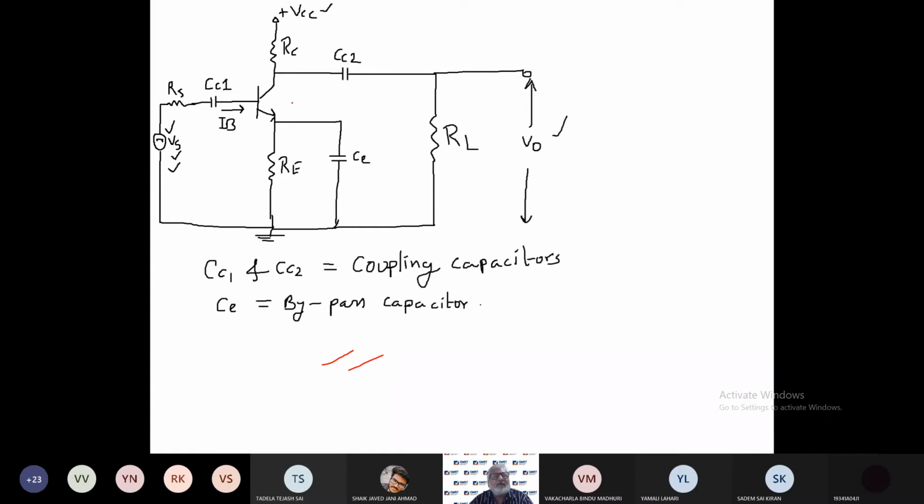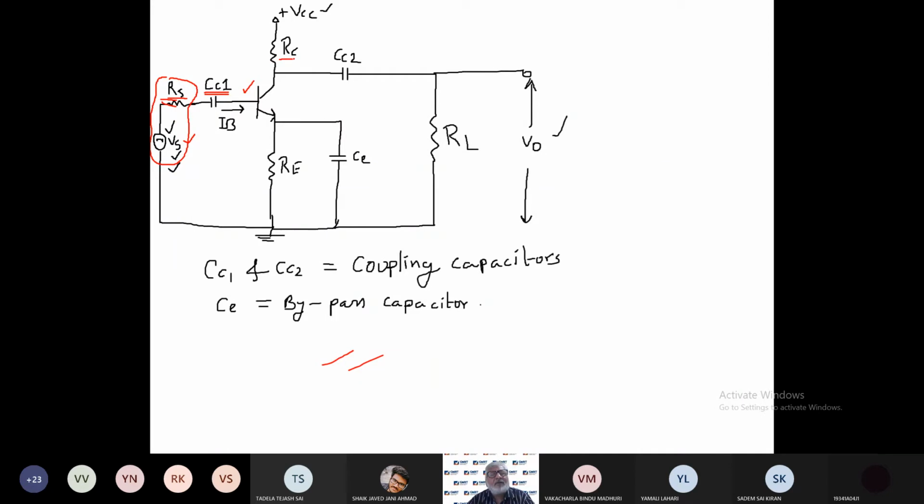So this is a NPN transistor. At the base terminal, here we have connected one capacitor. We call it as CC1. And here one voltage source of voltage Vs is connected. So Rs is its internal resistance.